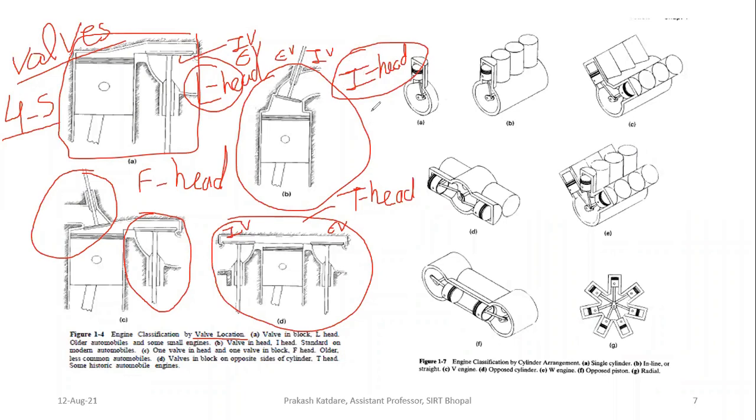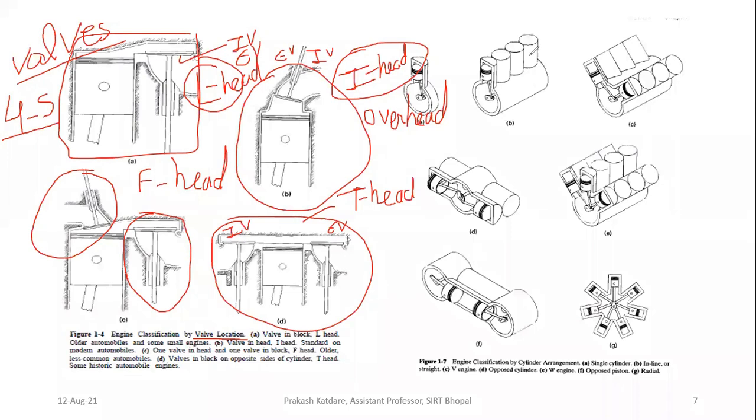L-head and F-head were used in older times for automobiles during the early stages of engine development, and in some old engines you can see T-head type of valve mechanisms also.